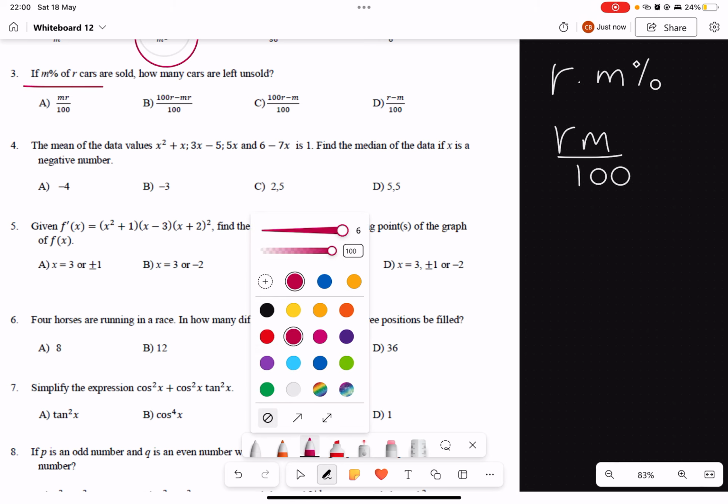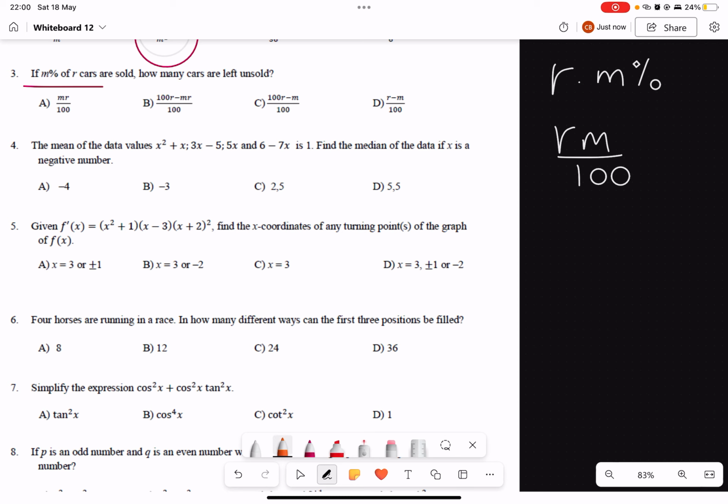And then let's see, they want us to do what? They say how many cars are left. Okay, so how many cars are left? Remember, initially we had R cars, then we need to minus the amount we sold to see how much remains, right?